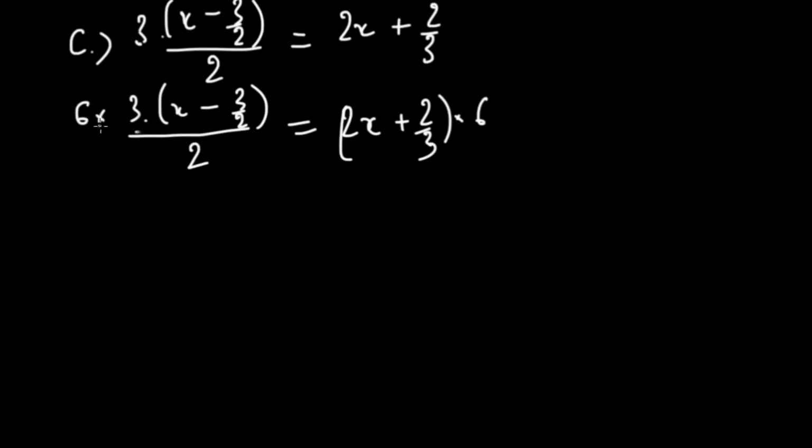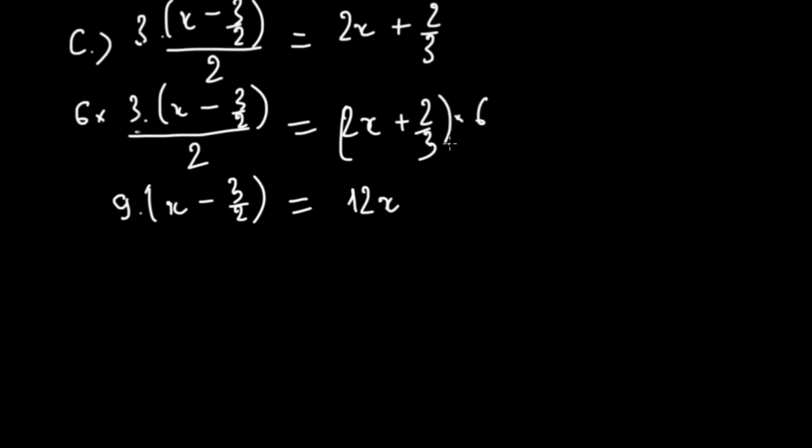We see on the left hand side, 6 divided by 2, you got 3. 3 times 3, you got 9. Put 9 here and then times the quantity x minus 3 over 2. And the right hand side, we see 6 times 2, you got 12x.